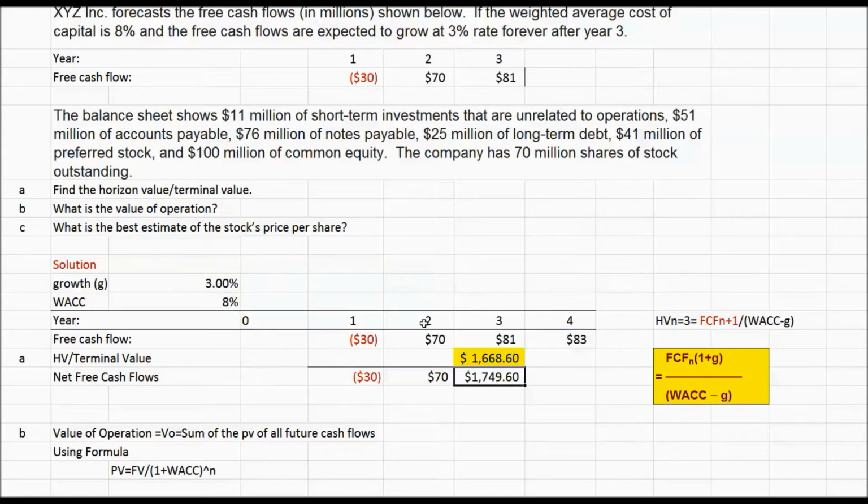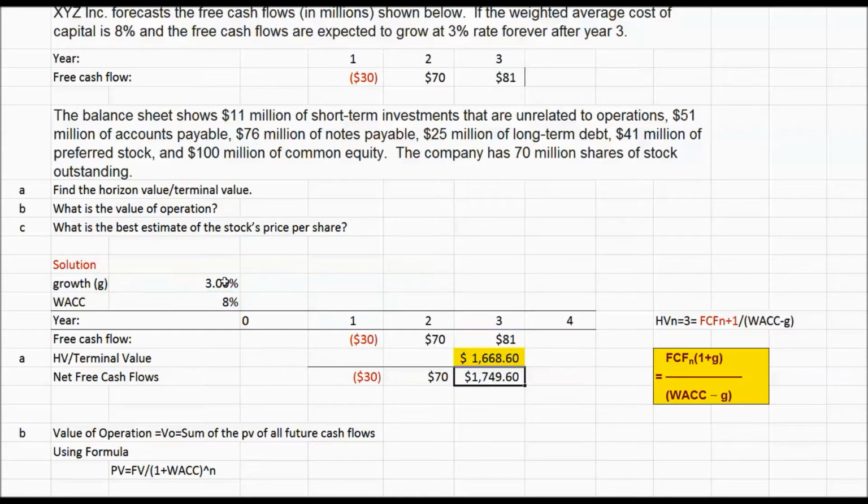You can do it this way, or if you don't want to find this one, what I would do is take this guy times 1 plus growth rate, divided by WACC minus growth rate.